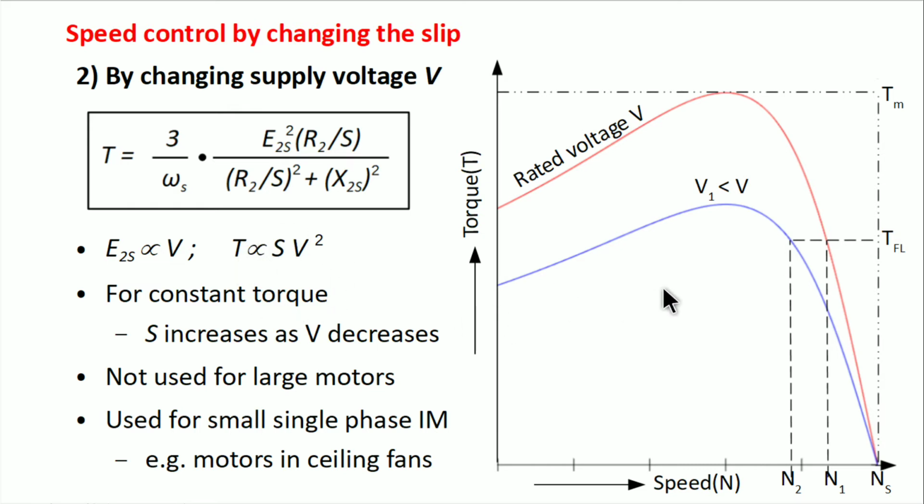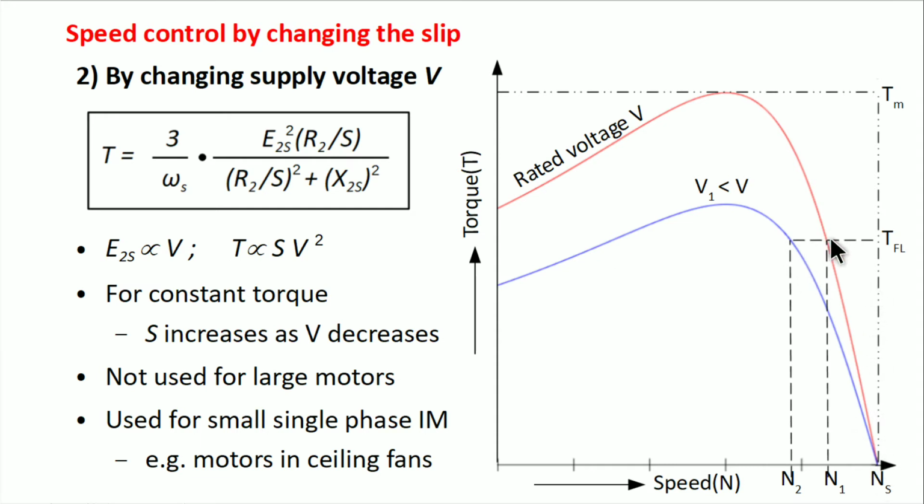Let us see now this on this diagram, speed torque characteristics. If originally we have this much voltage and our curve is having this much maximum torque, if we reduce the voltage, then the maximum torque also reduces and the curve is like this.